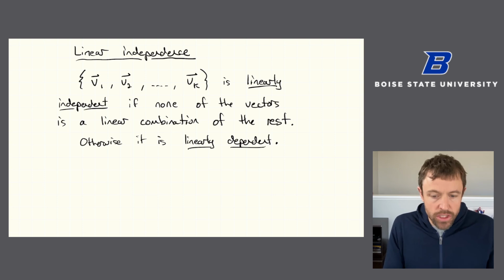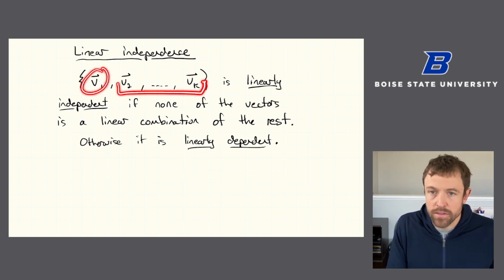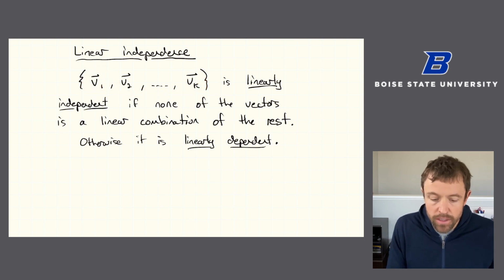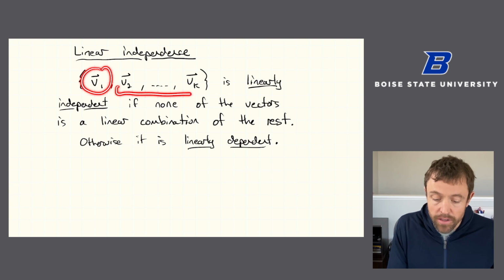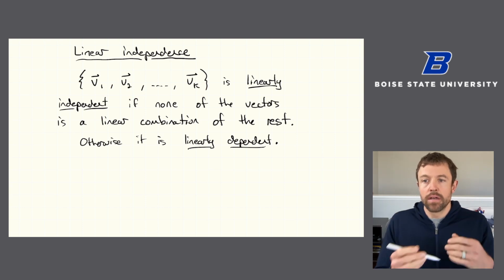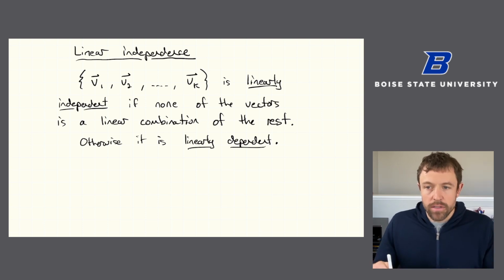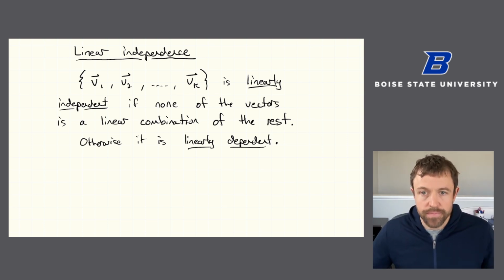We can't just check, is V1 a linear combination of the rest of the vectors? Because it could be that V1 is not a linear combination of the rest of the vectors, but V2 is, or V7 is. And we'll see an example really highlighting that this is true.